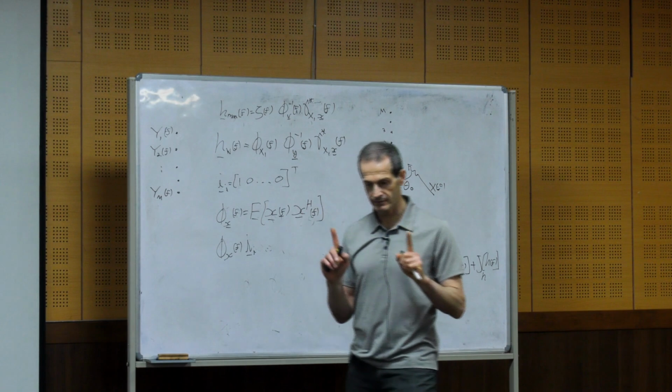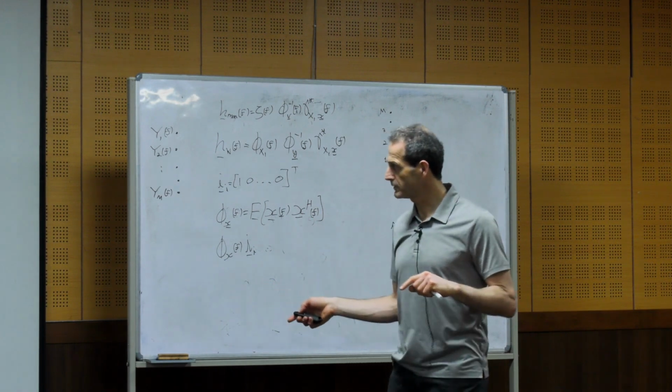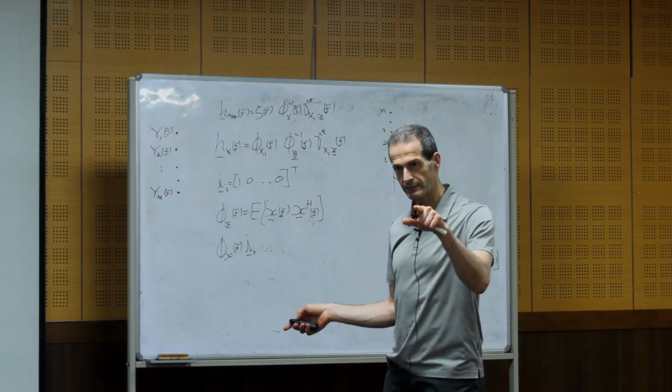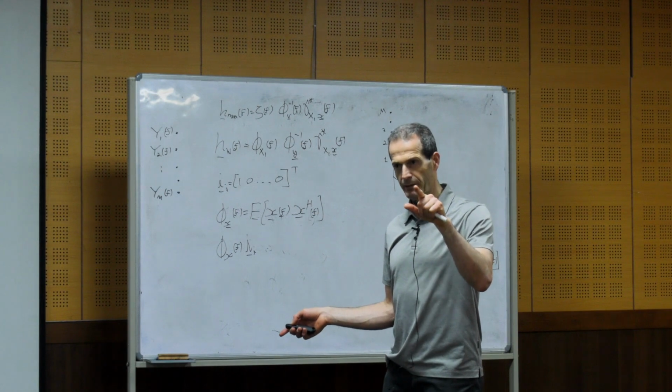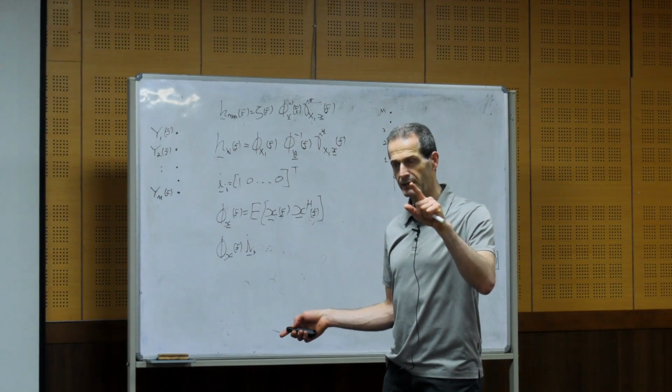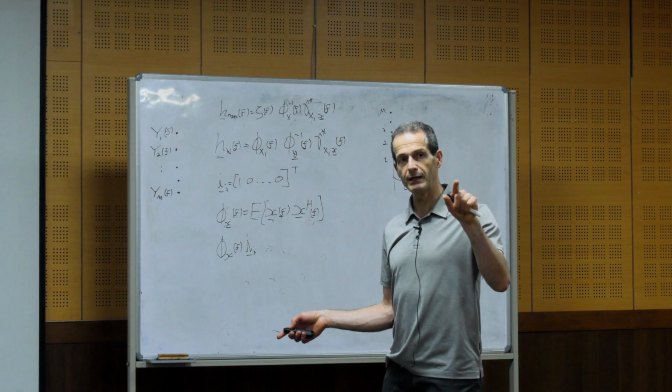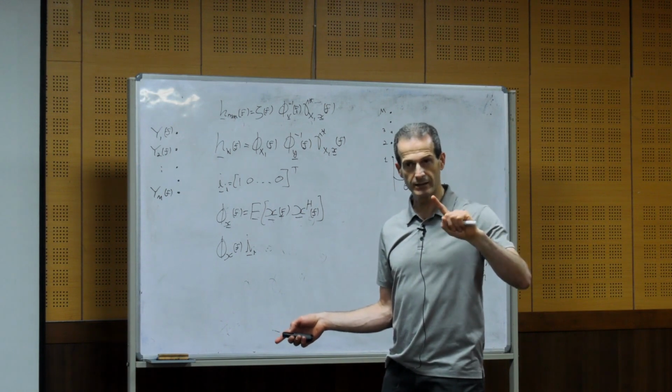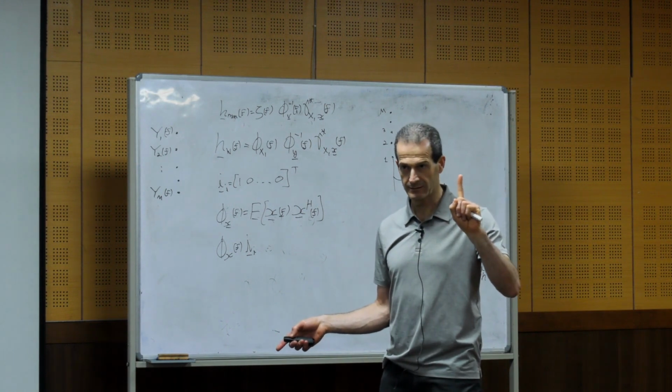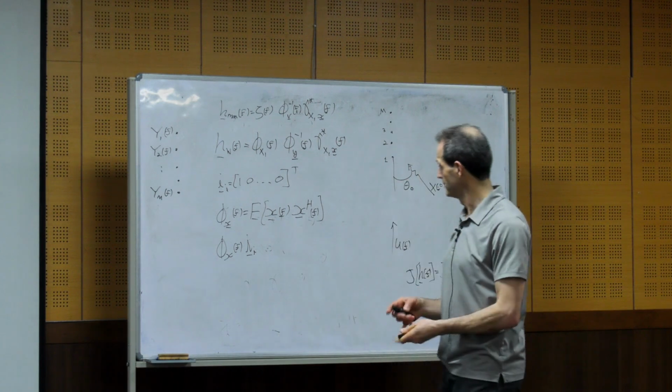But before that, I repeat, the Wiener filter minimizes the narrowband MSE, and it also minimizes the broadband MSE. Why?